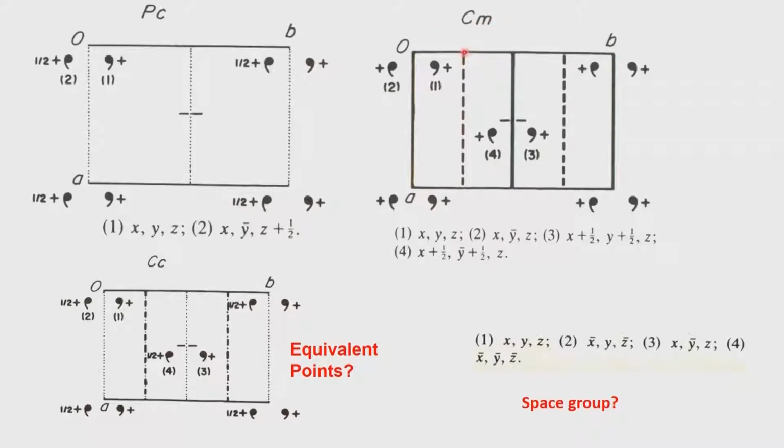We find an appearance of an additional symmetry element, which is not a part and parcel of this CM, but in some sense it is, because C centering takes x, y, z onto half plus x, half plus y, z, and as a consequence we develop the A glide, which is at the 1/4 position.